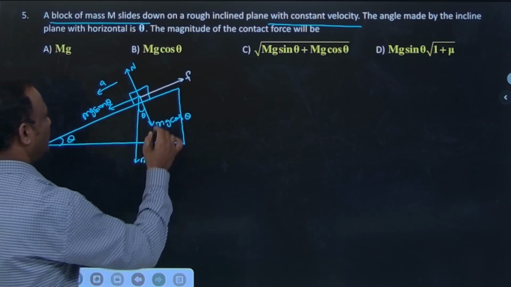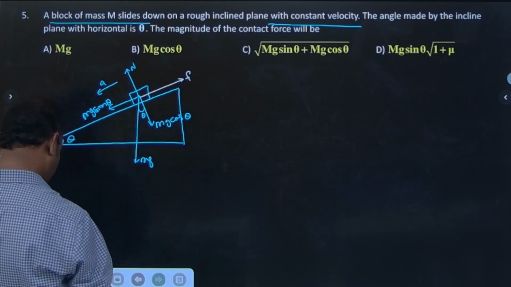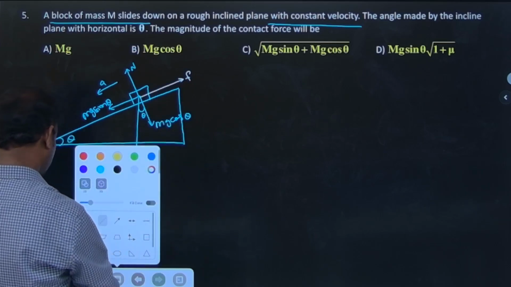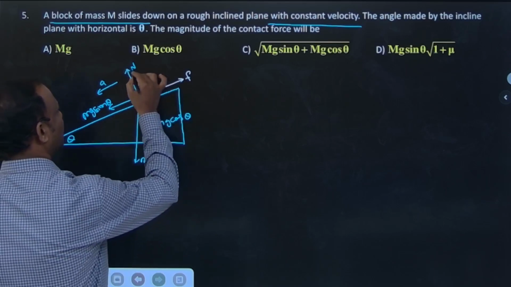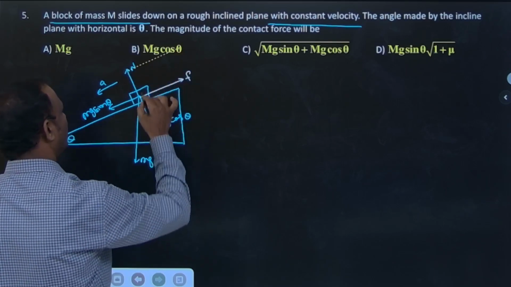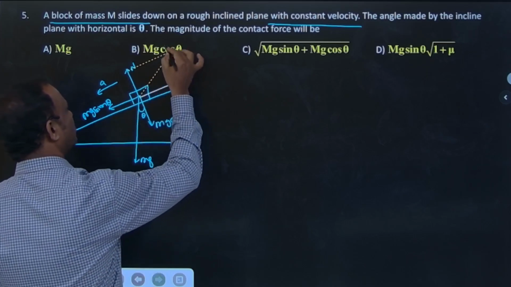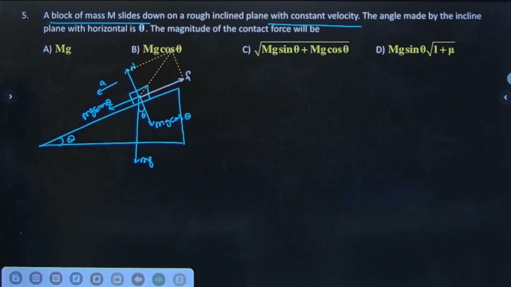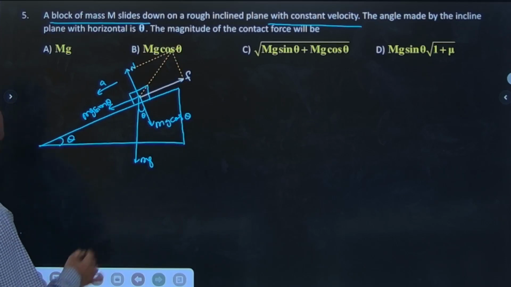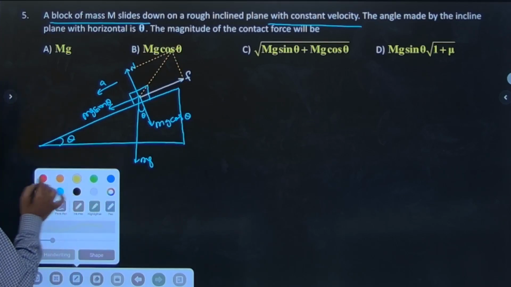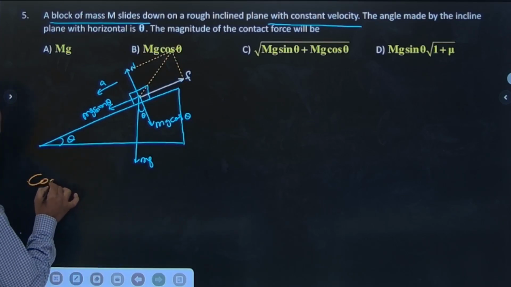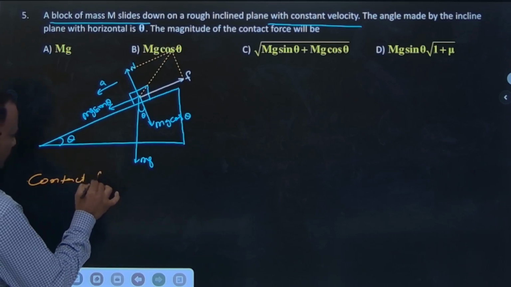Whenever I draw a line parallel to the frictional force and a line parallel to the normal reaction, the resultant gives the contact force.